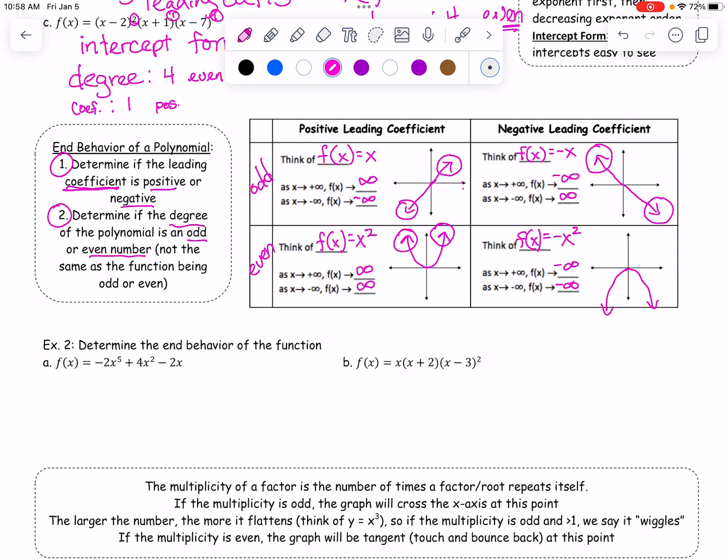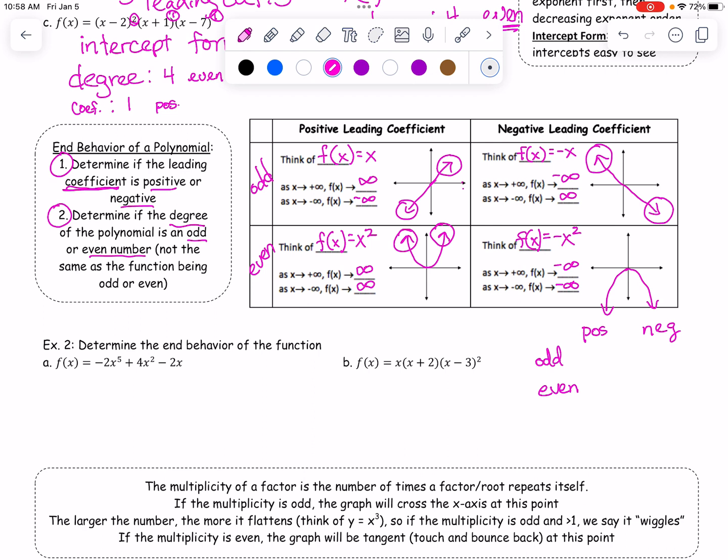So I'm going to summarize it, and it's going to look like this. We have a positive coefficient and a negative coefficient. We have an odd and we have an even.